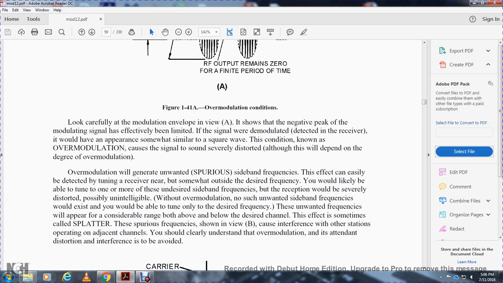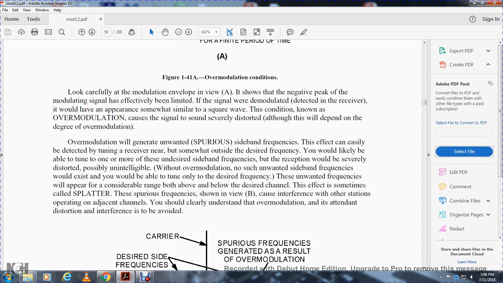The condition known as overmodulation causes the signal to sound severely distorted, although that will depend on the degree of overmodulation. Overmodulation will generate unwanted spurious sideband frequencies. This effect can easily be detected by tuning the receiver somewhat outside of the desired frequency. You would likely be able to tune in one or more of the undesired sideband frequencies. The reception would be severely distorted, possibly unintelligible.